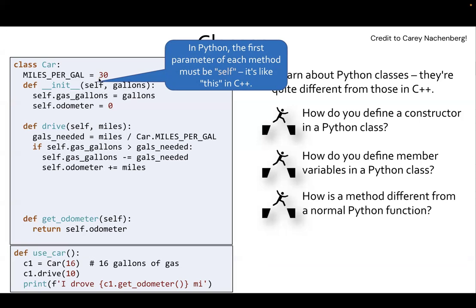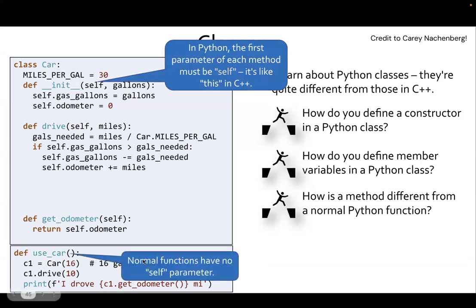So it serves similarly as this in C++. However, in a normal function, there is no self parameter. So that's the difference between the normal Python function and the method inside of the class.